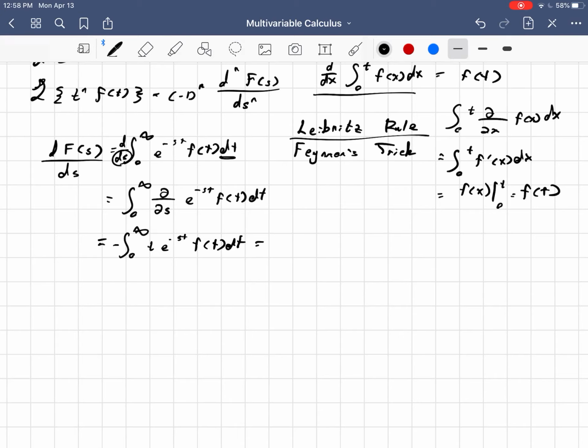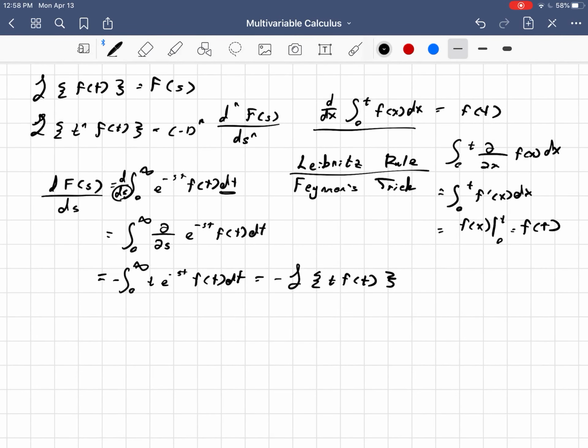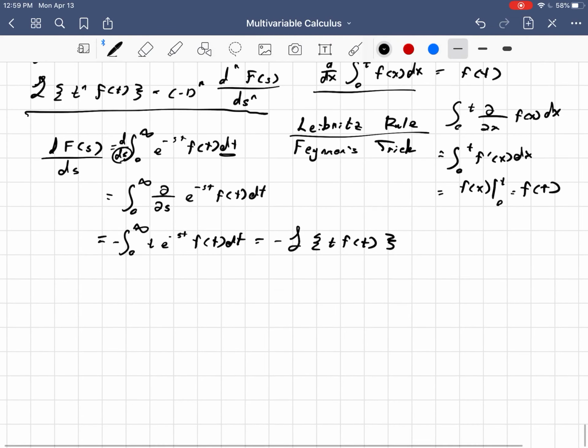And so now what I can do is say that this right here is just the negative of the Laplace transform of t times f of t.